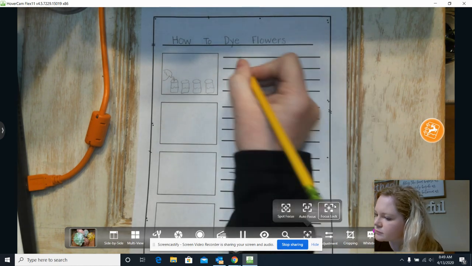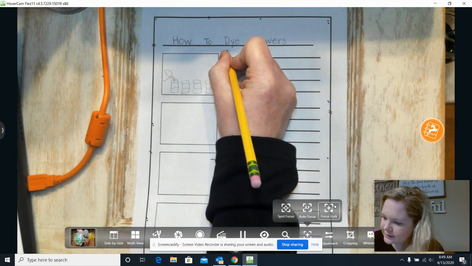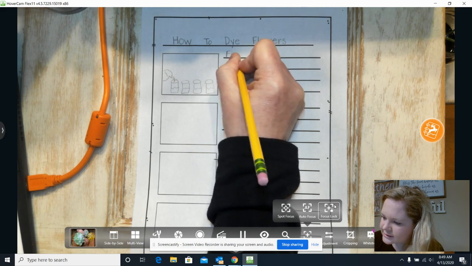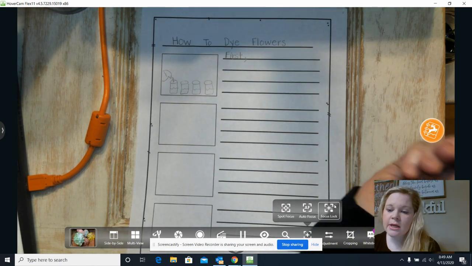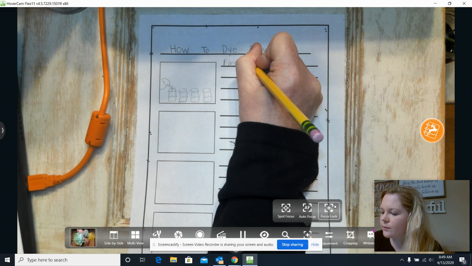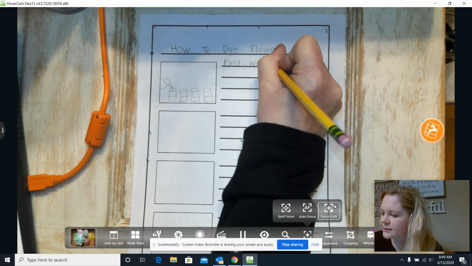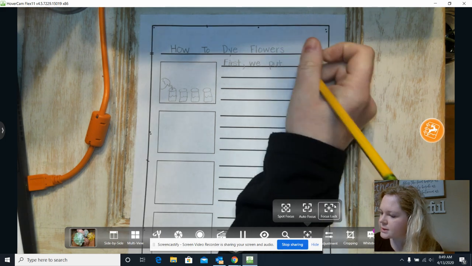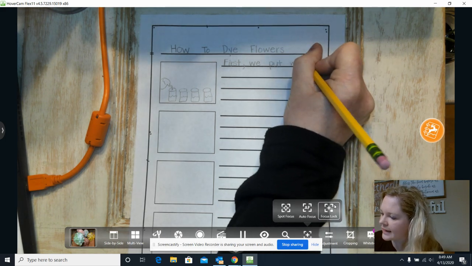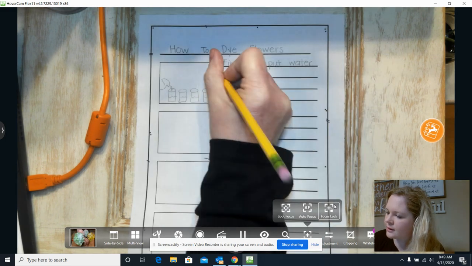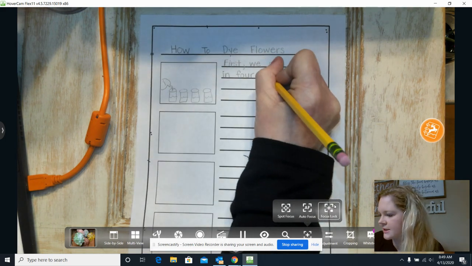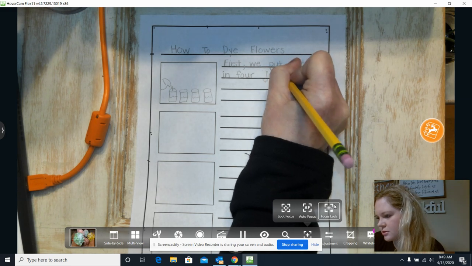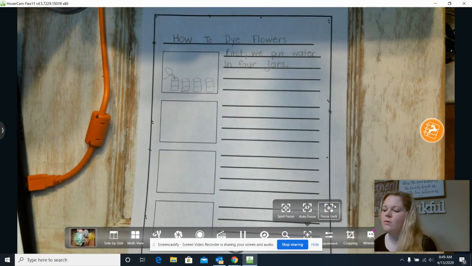So, first, capital F, first, comma. After you use that transition word, you should use a comma. So first, we put, those are both sight words, we put water, W-A-T-E-R, in four, F-O-U-R, jars. Period. So first we put water in four jars.